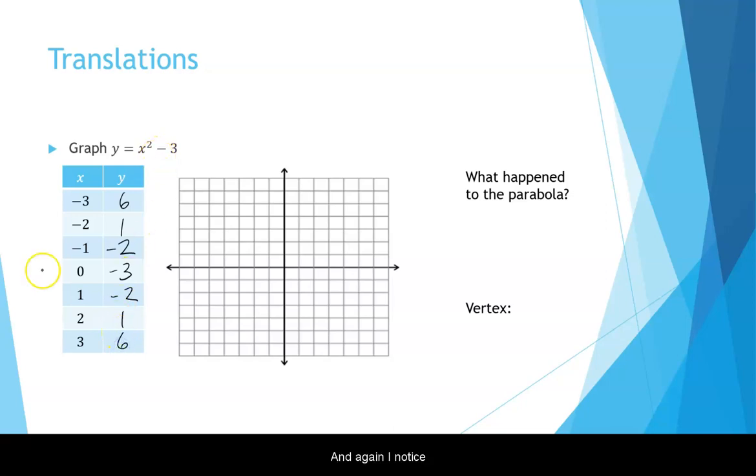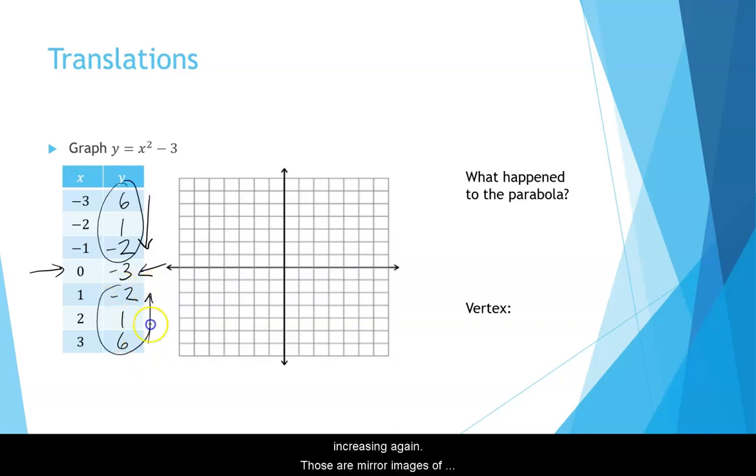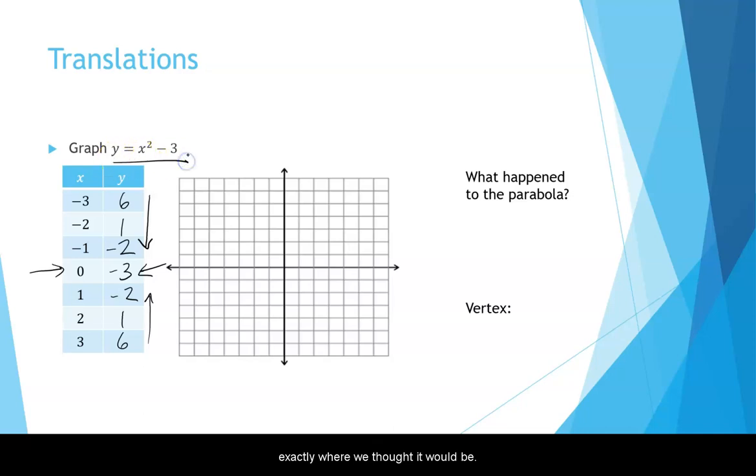And again, I notice my numbers decrease, 6, 1, -2, until we get to the point 0, -3. And then from there, the numbers start increasing again. Those are mirror images of one another, which indicates that that point 0, -3 is our vertex, exactly where we thought it would be.